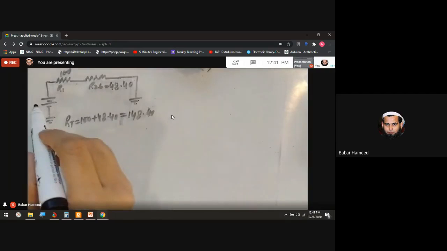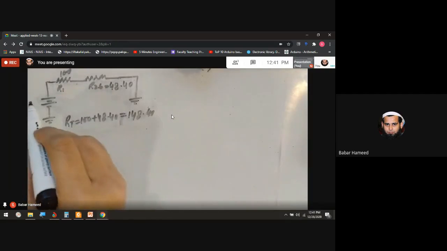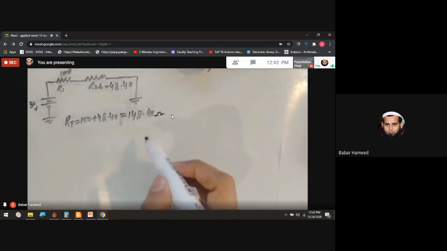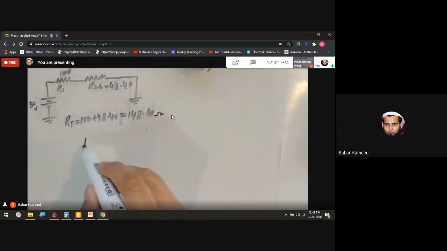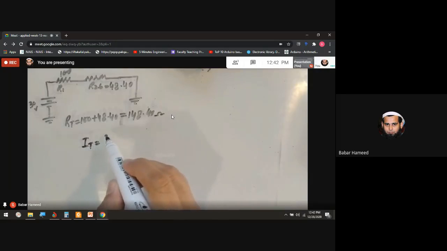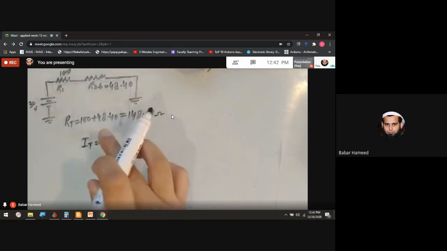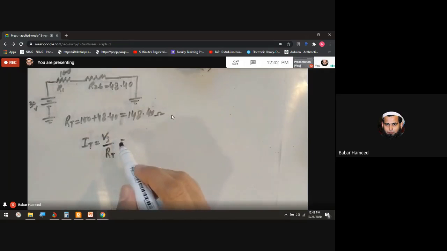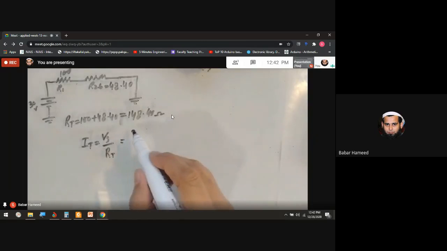If this is 30 volt, then we have total resistance. So IT will be equal to total voltage or source voltage Vs over RT, and Vs here I have assumed to be 30 volt.